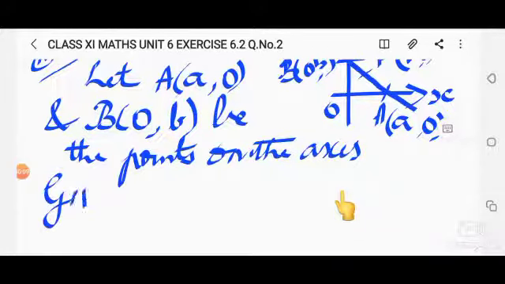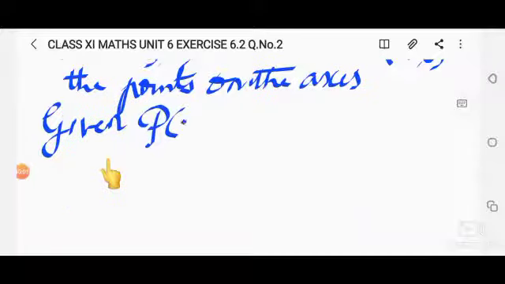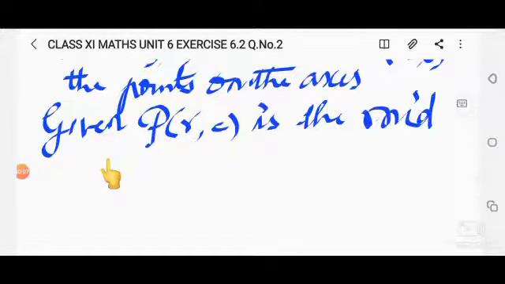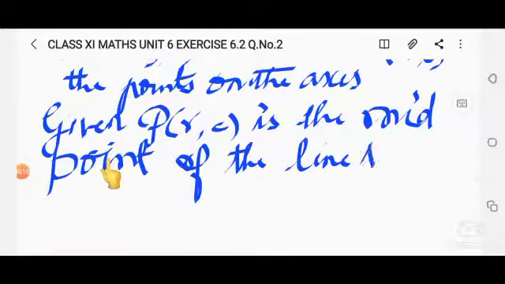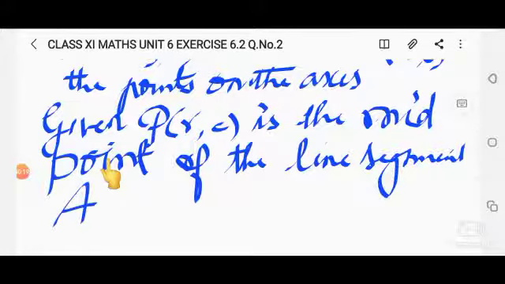Given P of r comma c is the midpoint of the line segment AB.